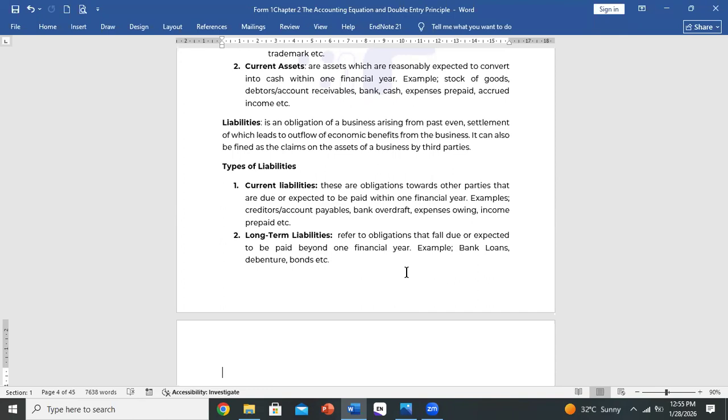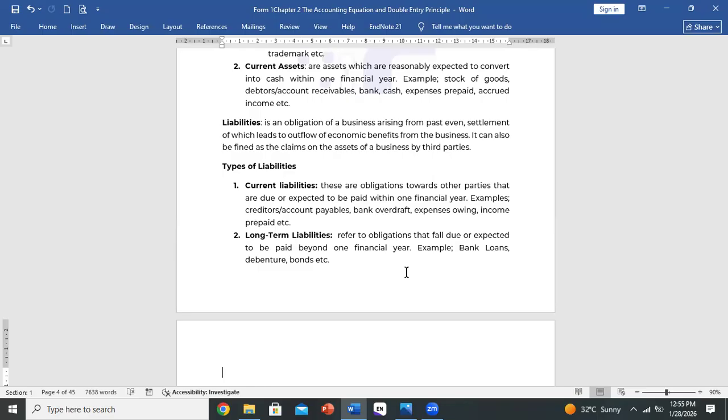That lasts, but somebody has cash in his bank account that's lasted for more than 1 year. So would you still say it's a current asset? So then when you are defining it, you say these are assets that are reasonably expected to be converted into cash within one financial year. So they are expected to be converted. It doesn't mean that they are by force supposed to be converted into cash.